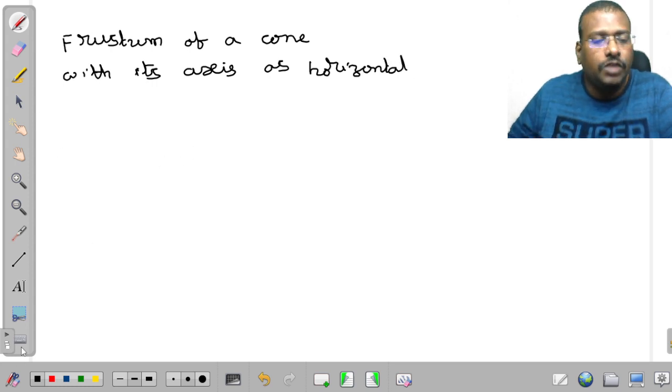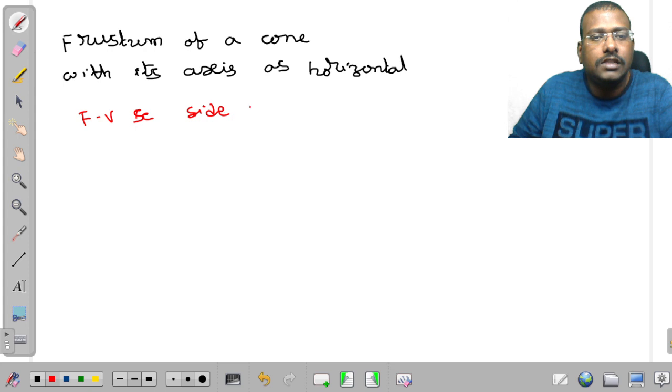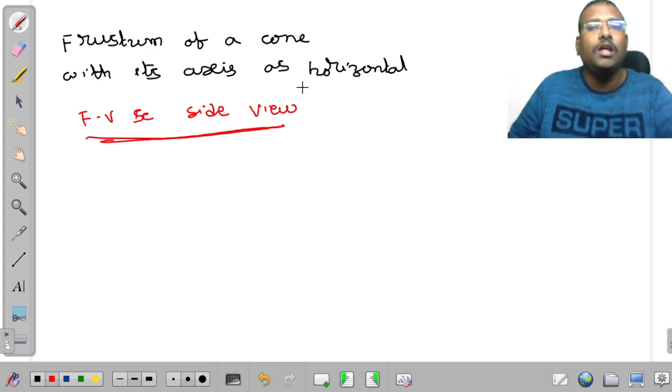But which views do we consider? Front view and side view of the frustum of a cone will be used.